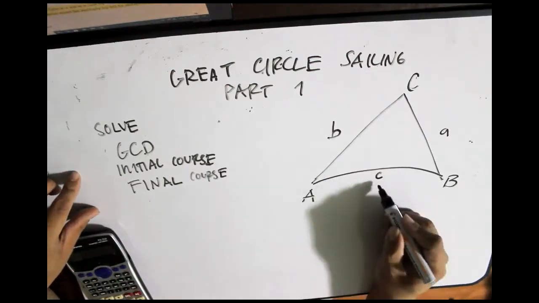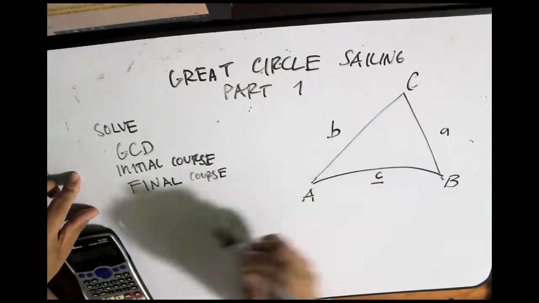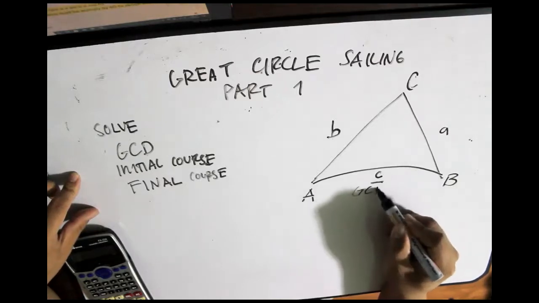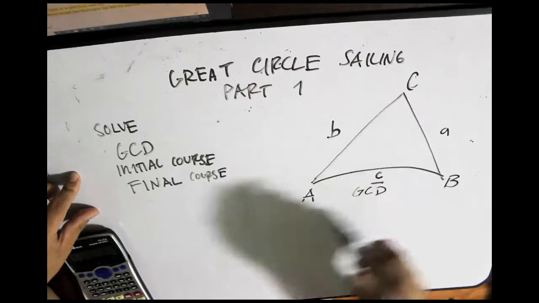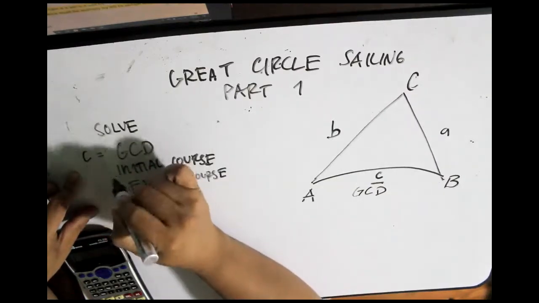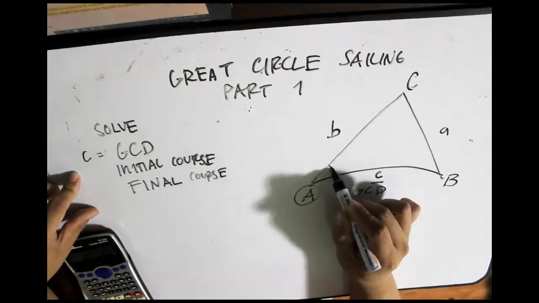So ang C natin na component, this is our great circle distance. Okay, yan ang great circle natin. Distance is your C. And your A will be the angle na ito.